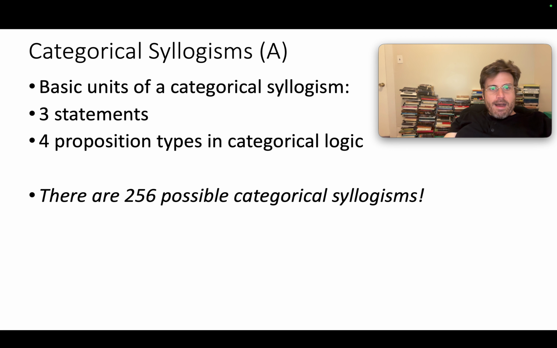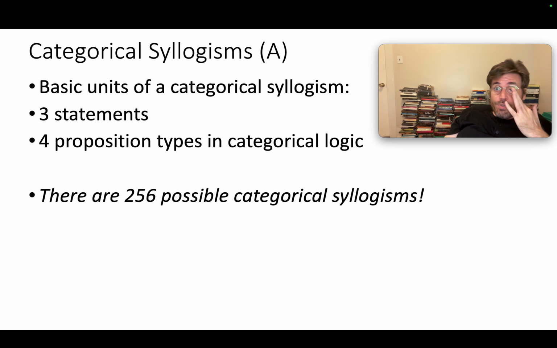All right. Now, if we consider for a moment that there are 3 sentences in a syllogism, and each sentence can be one of the 4 types of proposition, we know that there are 256 possible categorical syllogisms in terms of the category of proposition that can appear, the arrangement of propositions.